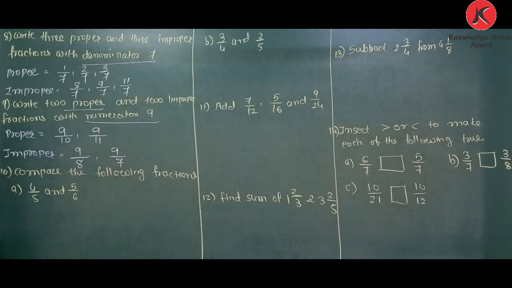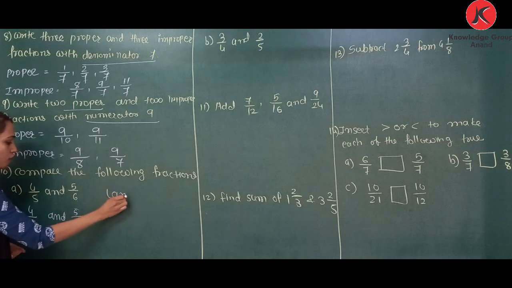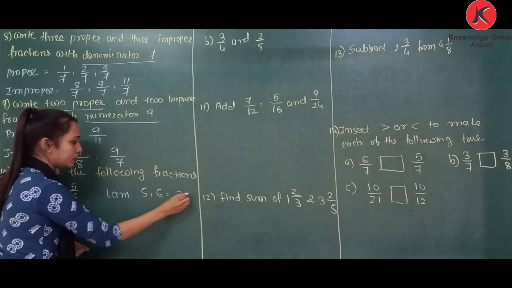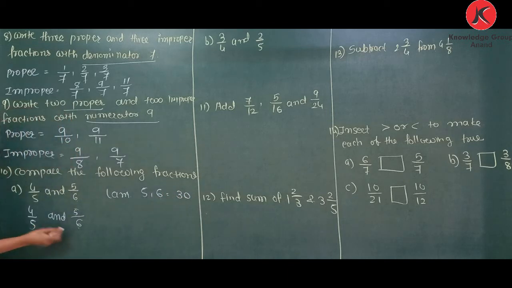Okay. Now next, compare the following fractions. So here first, 4 by 5 and 5 by 6, comparison. So LCM of 5 and 6 is 30. Now we make the denominator 30. 5 multiplied by 6, 4 multiplied by 6.